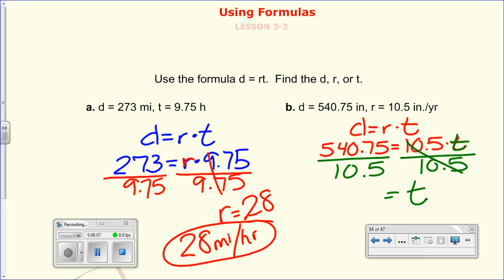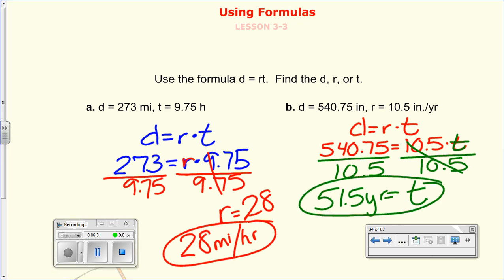So if we divide out 540 and 75/100ths divided by 10 and 5/10ths, you will get 51 and 5/10ths. All right, and here we are talking about, let's see, year. And time is a year, so 51 and 5/10ths of a year.